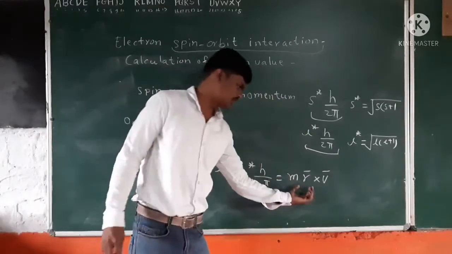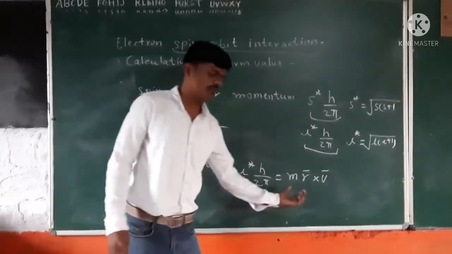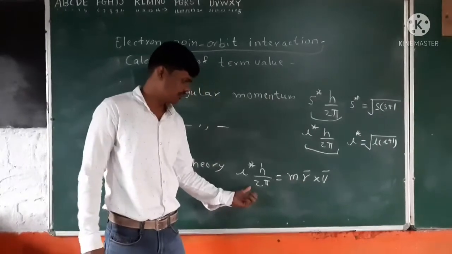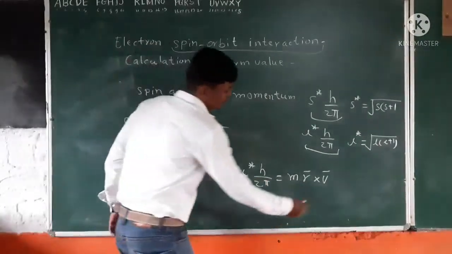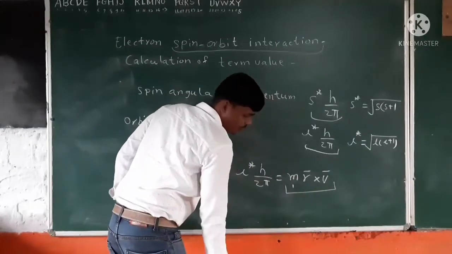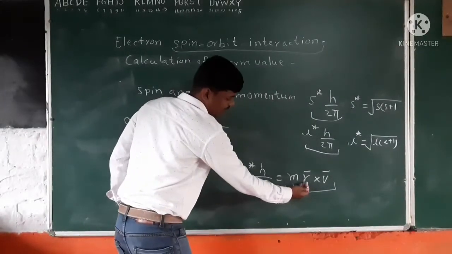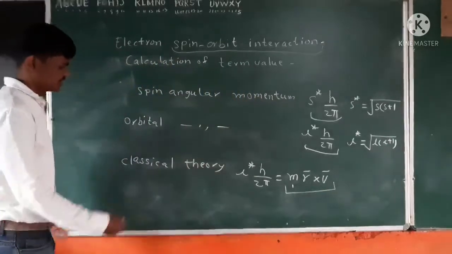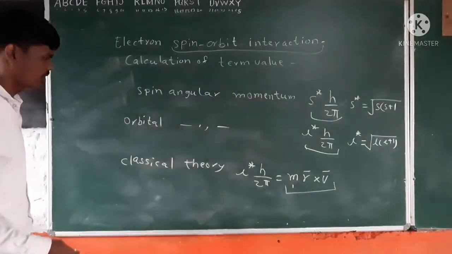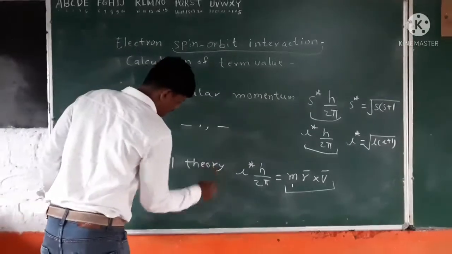This is another expression for angular momentum, same as we have shown before. Here m is the mass of the electron, r is the radius vector of the electron, and v is the velocity of the electron. This is in the classical model of the atom.